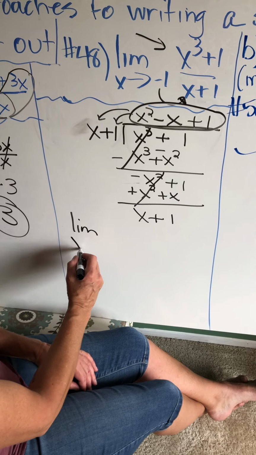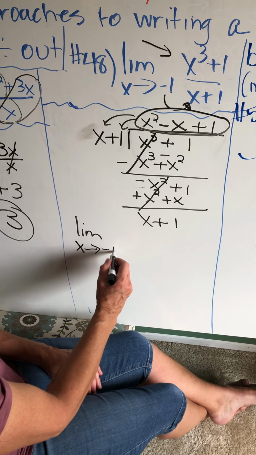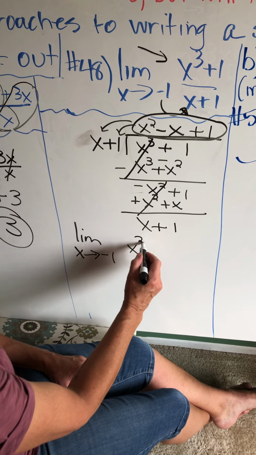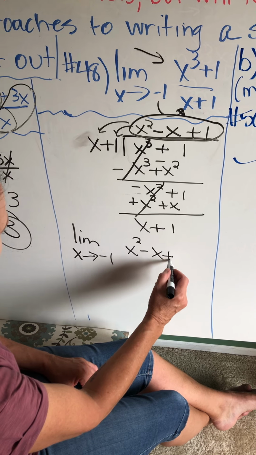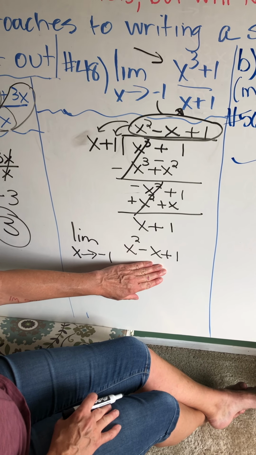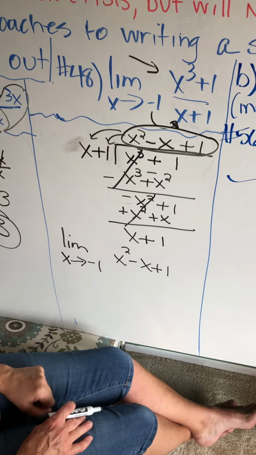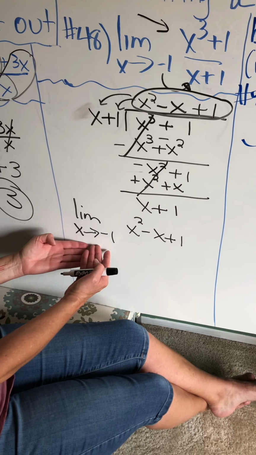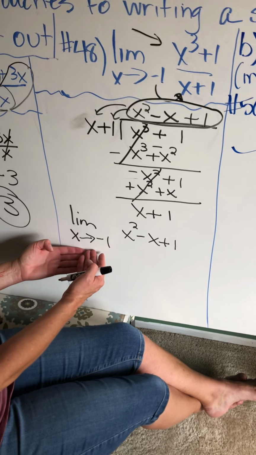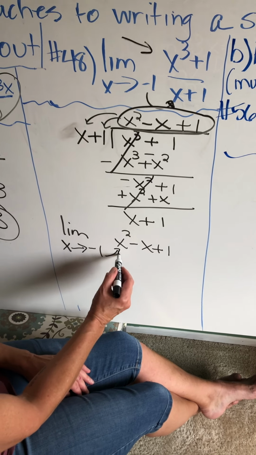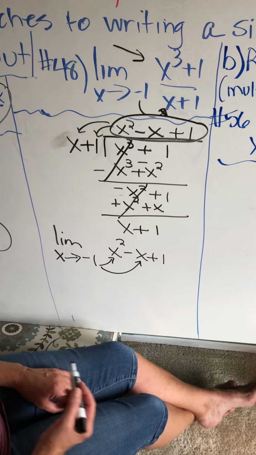The limit as x approaches -1 of x squared minus x plus 1. This function is exactly equal to the one we started with, except where x is -1. That's okay. We're only approaching that x, we're not hitting it. Let's try direct substitution. Oh, this works now.